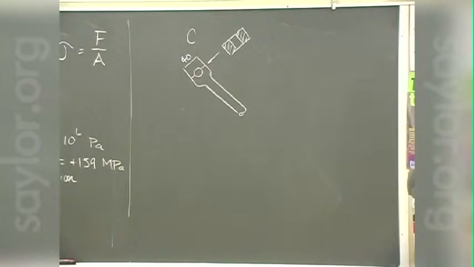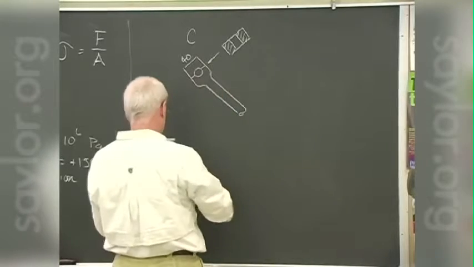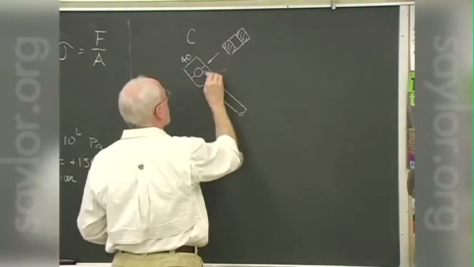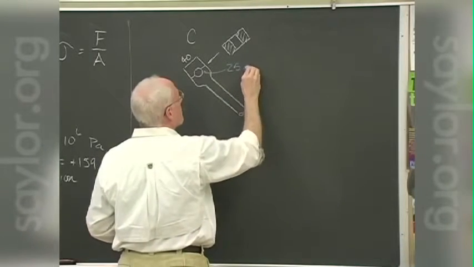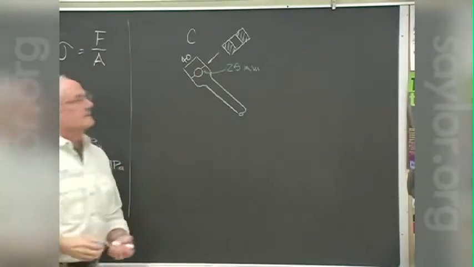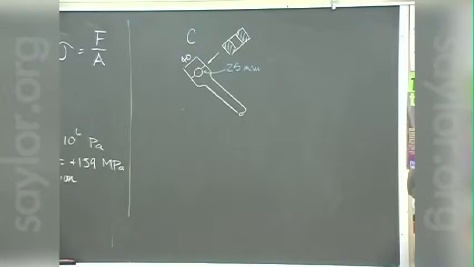Make sure you know how to read these. It's that pin through there that's making this hole, a 25 millimeter diameter hole. Which means the area maintaining that 50 kilonewton load has changed.